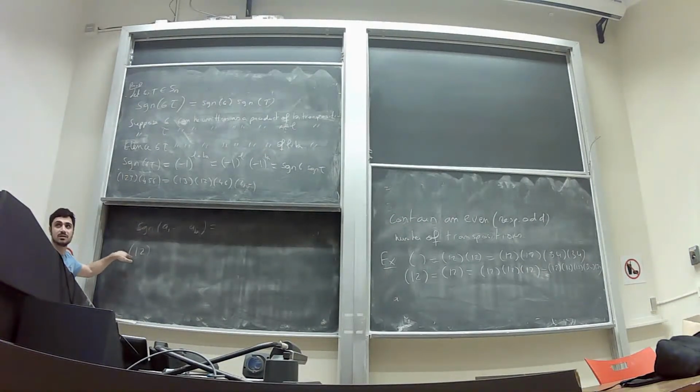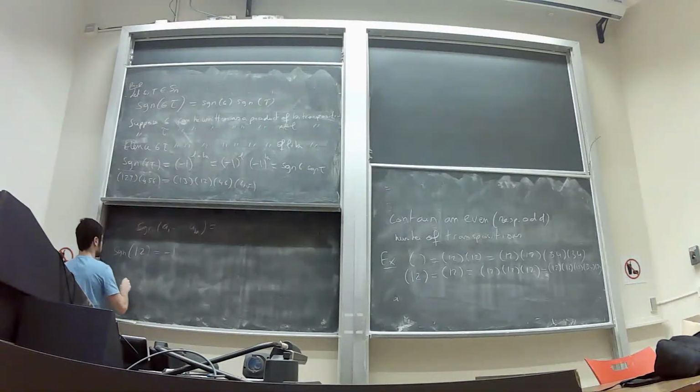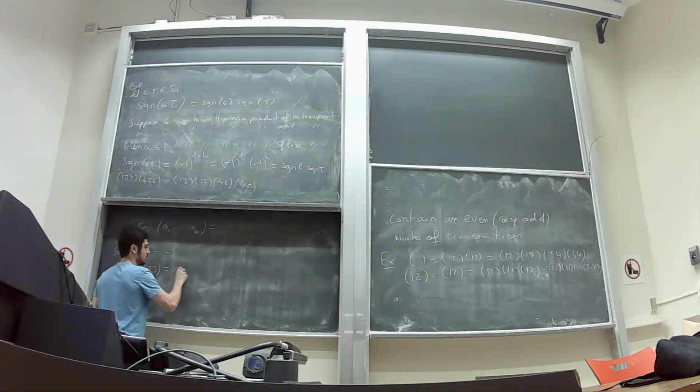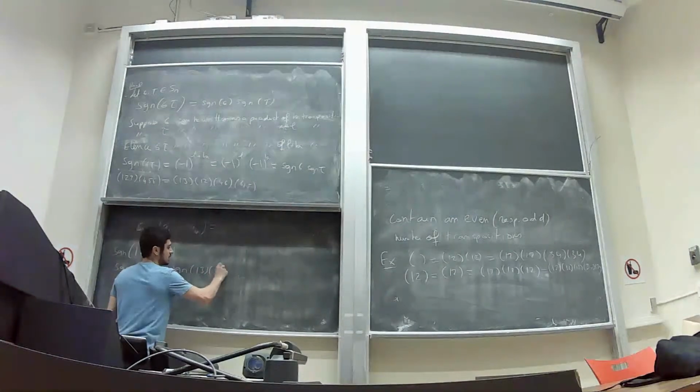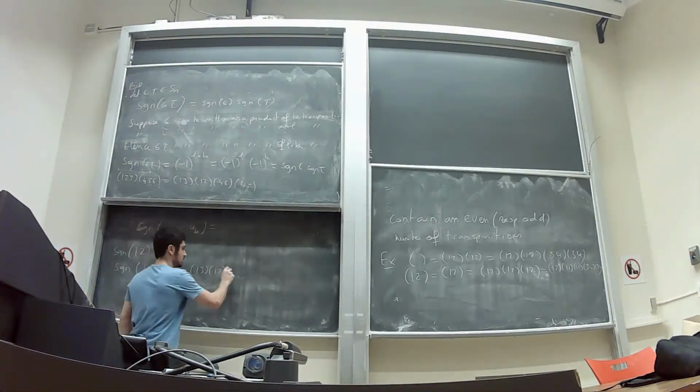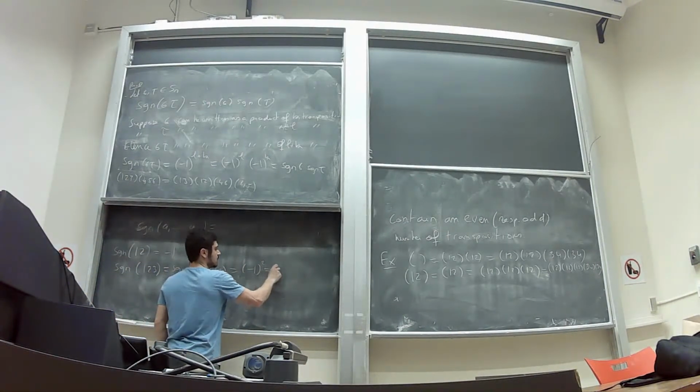You can write it as a product of 1 transposition. So the sign of (1 2) is -1. Now what is the sign of (1 2 3)? You can write it as (1 3)(1 2), an even number of transpositions, so this is (-1) squared, which is 1.